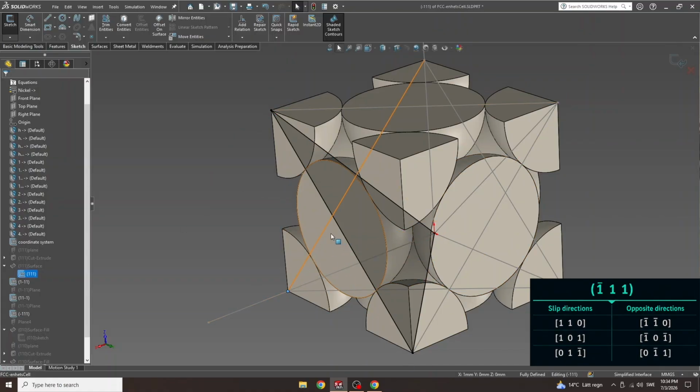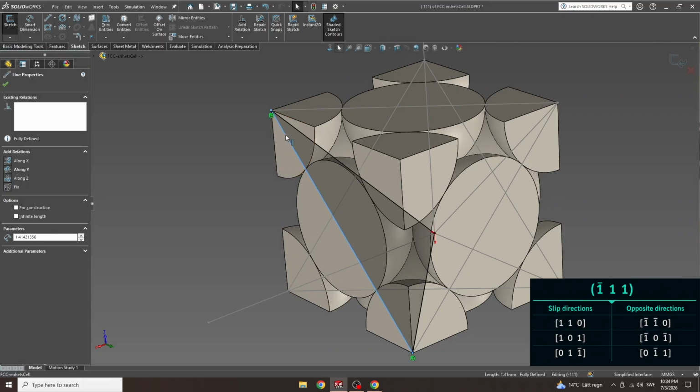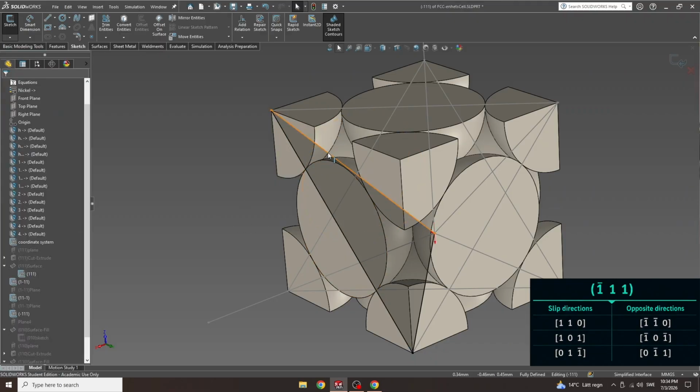And for the orientation, let's say this one, for example: if you imagine this origin, it moves minus 1 in the z direction and plus 1 in the y direction, so 0, 1, minus 1. And the other directions can be seen in the table.